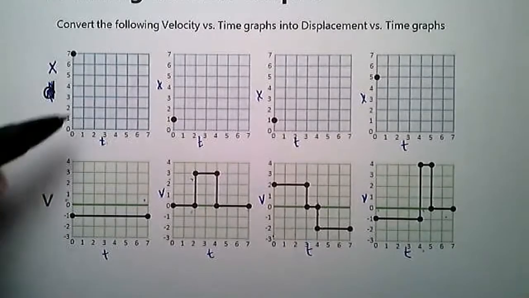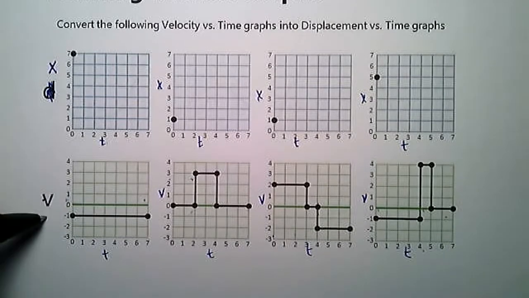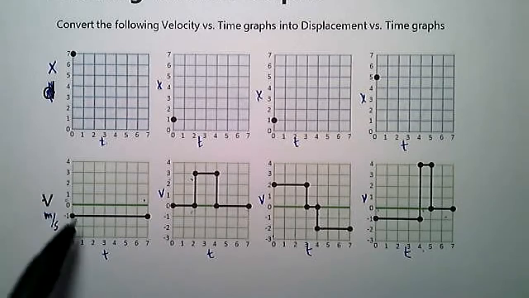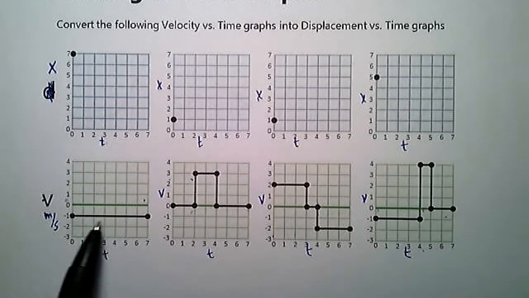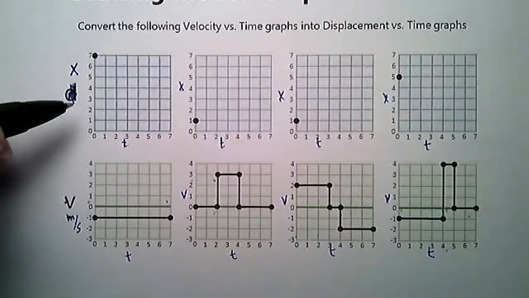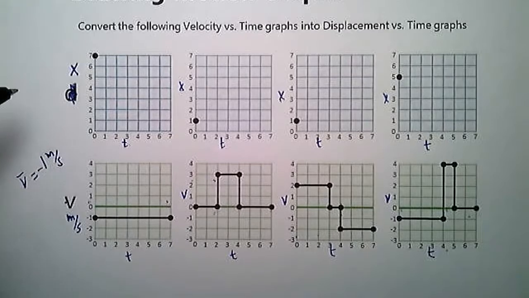So if I look at this first one, again, we're working backwards here. This is telling me that I have a velocity that is -1 meter per second. Okay, that's what these units are. -1 meter per second, and it doesn't change. It's always that. So what I would say on this first one is I've got a constant velocity of -1 meter per second.